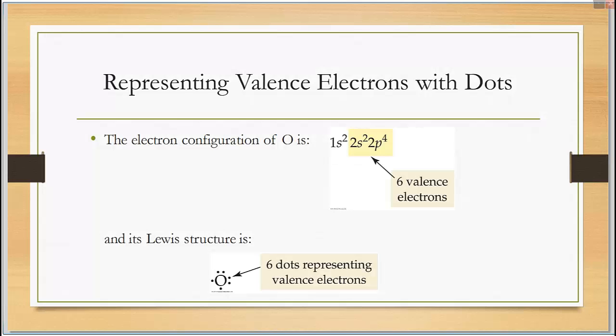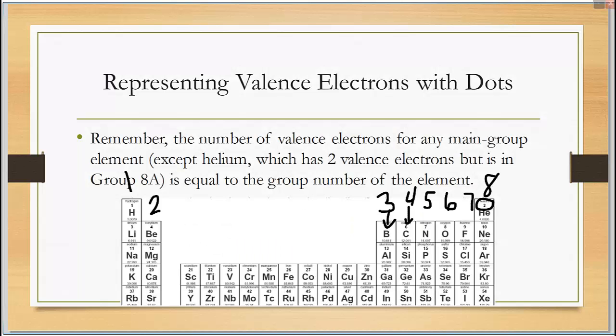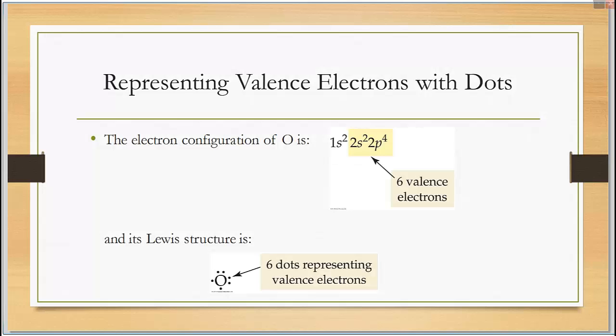To give you an example, here's oxygen. When we look at oxygen on the periodic table, it's right here, in row 6. The atomic number of oxygen is 8. So if we look at the electron configuration, 1s2, 2s2, 2p4, that equals 8 electrons.